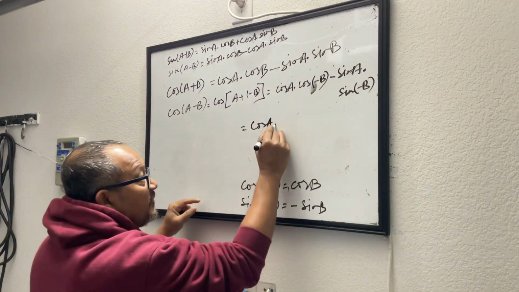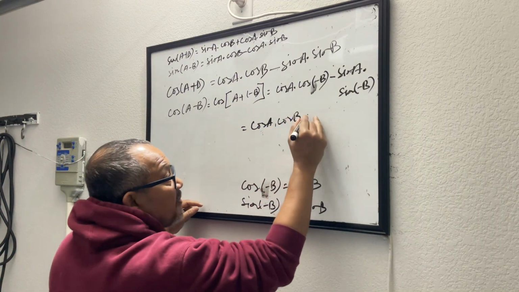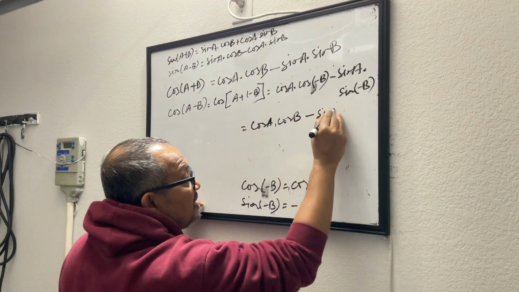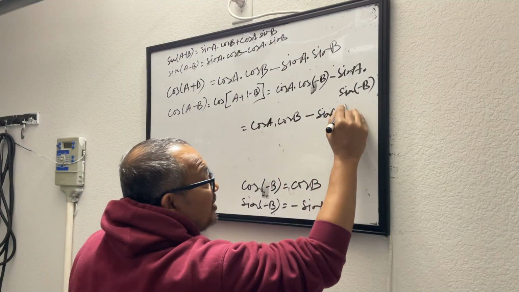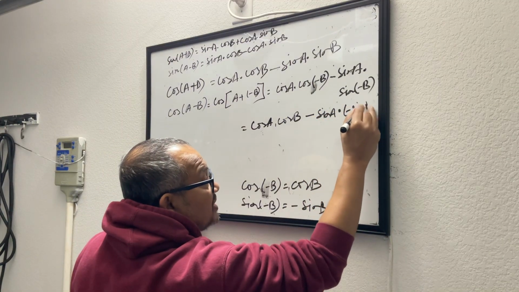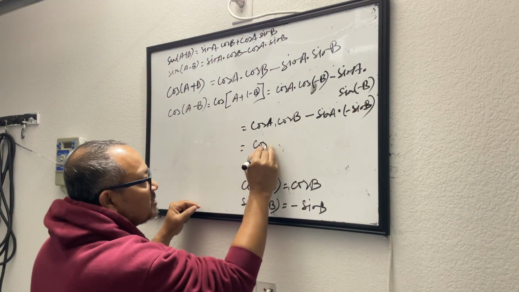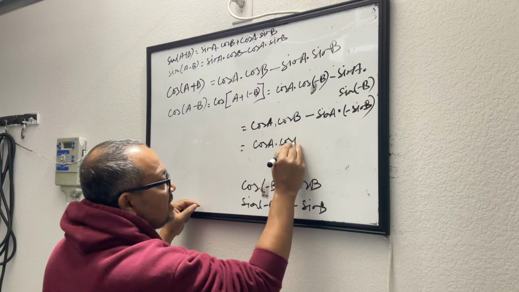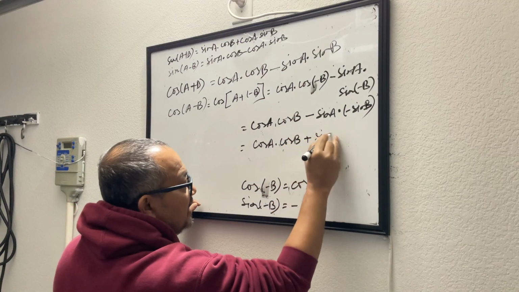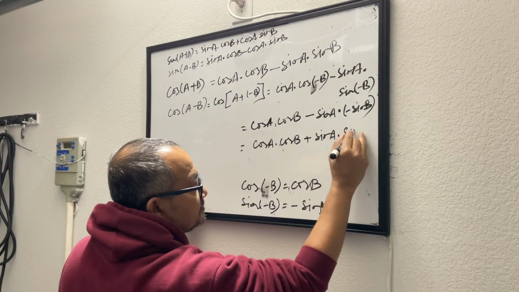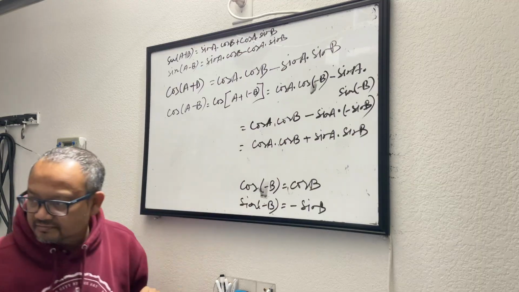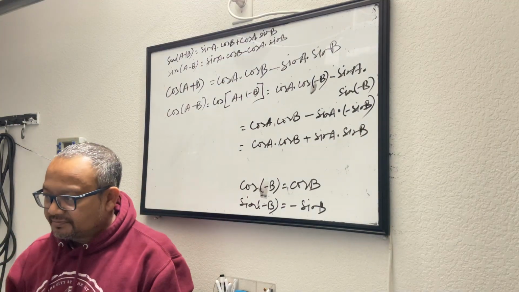This became cos of A times cos of B minus sine of A times minus sine of B. So this minus and minus will come together and become a plus. So it becomes cos of A times cos of B plus sine of A sine of B. Yeah.